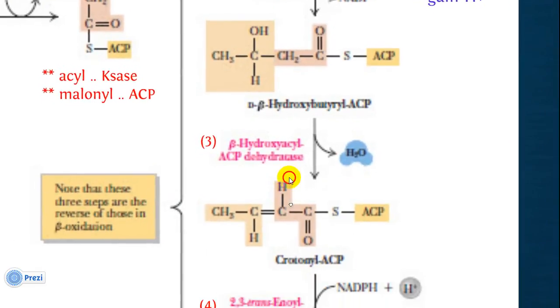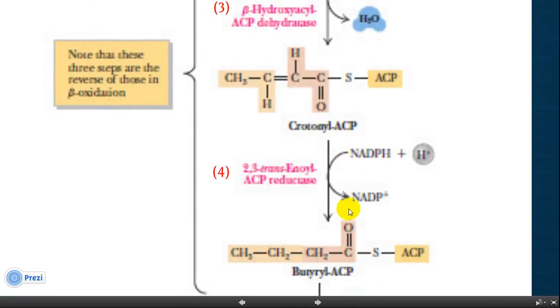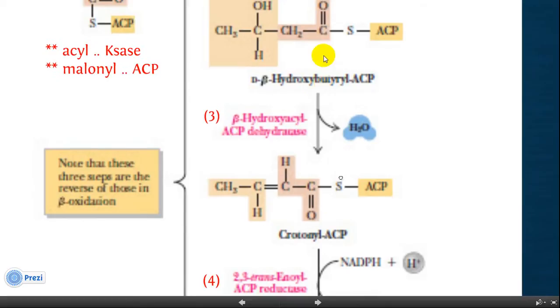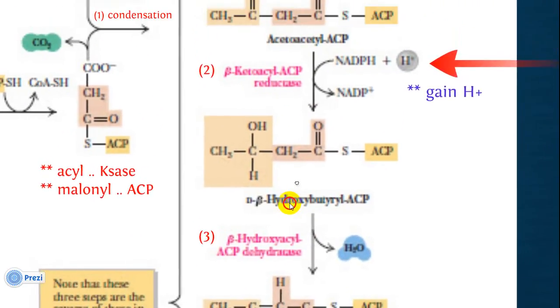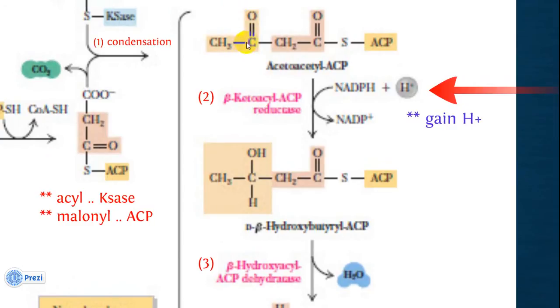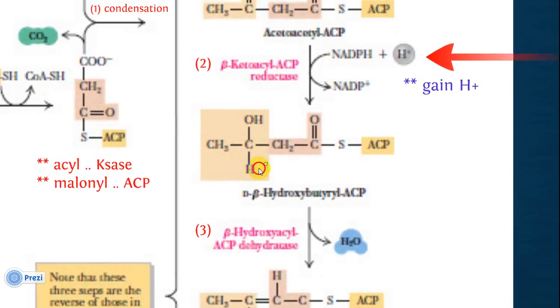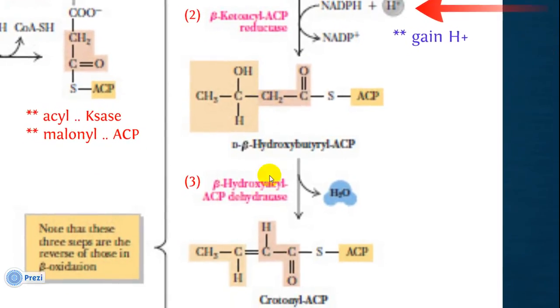Because we want to make a basic structure to build the fatty acid, those reactions are just to remove the double bonds. Here the first double bond has been removed. Now we will see the second double bond, how we can remove it. After this reaction, the compound, the beta-hydroxybutyryl, why do we call it beta-hydroxy?